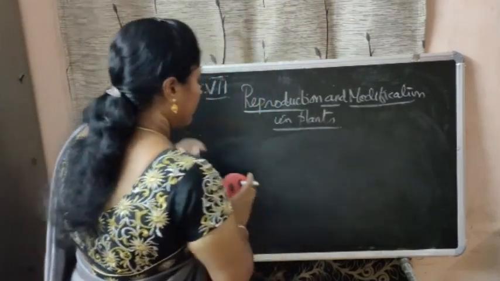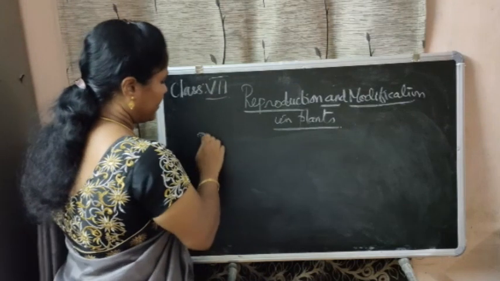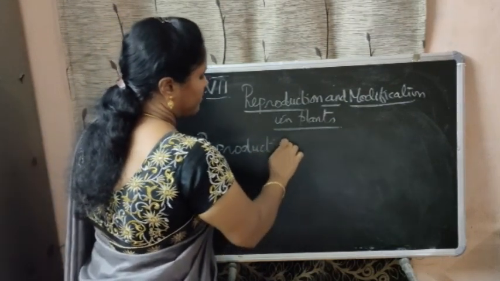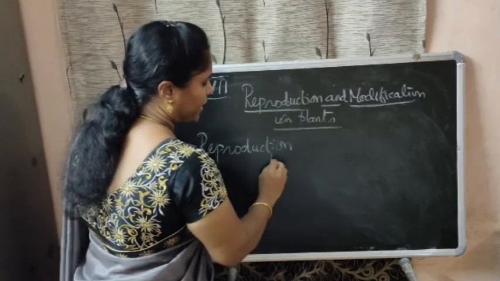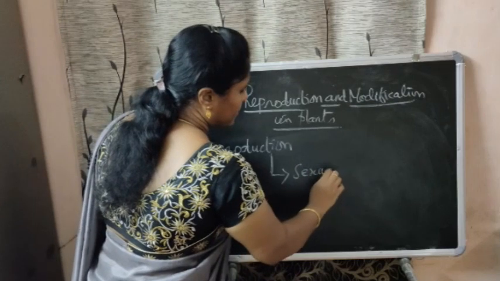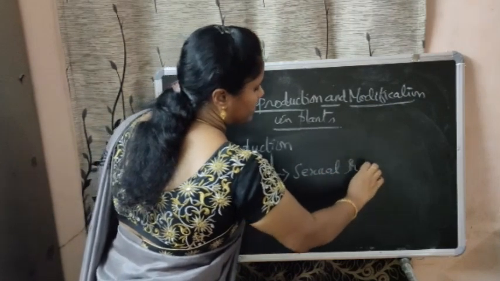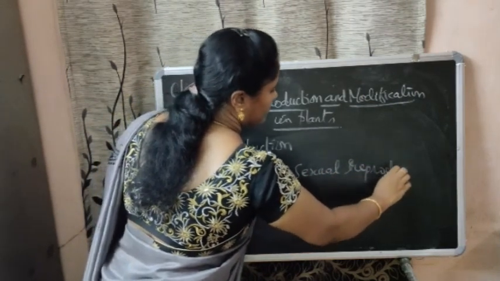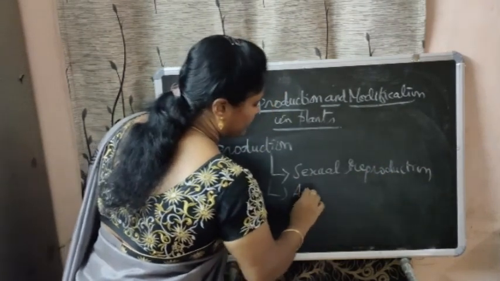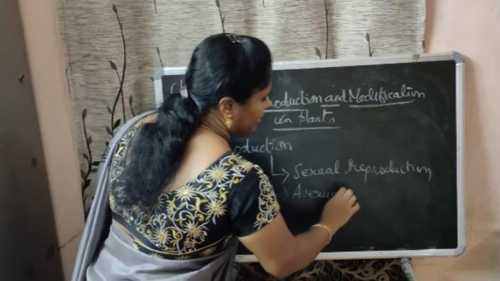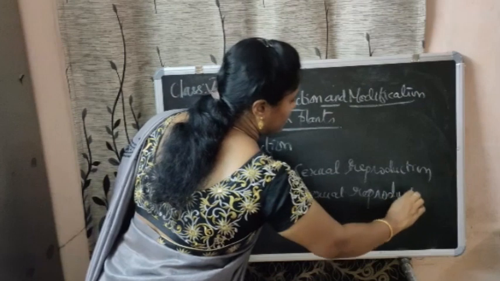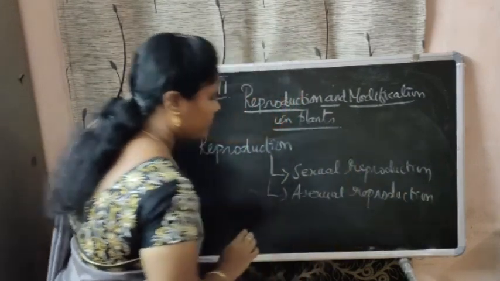Here we are going to study the types of reproduction. Reproduction is divided into two: sexual reproduction and asexual reproduction.